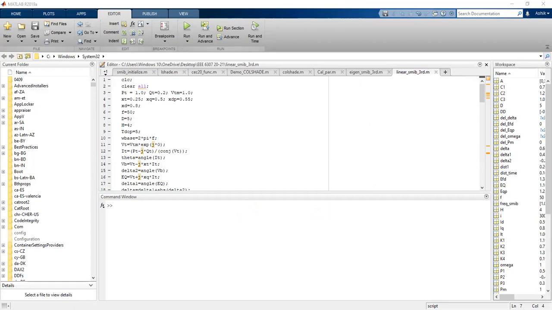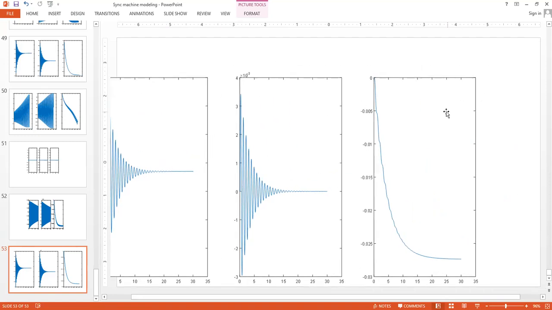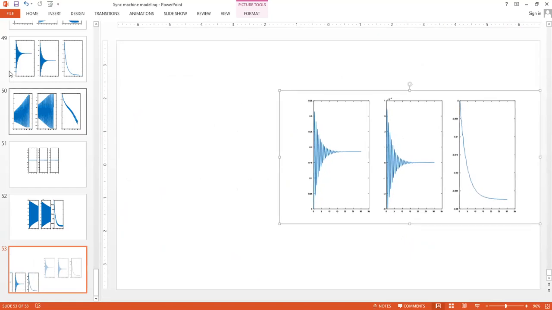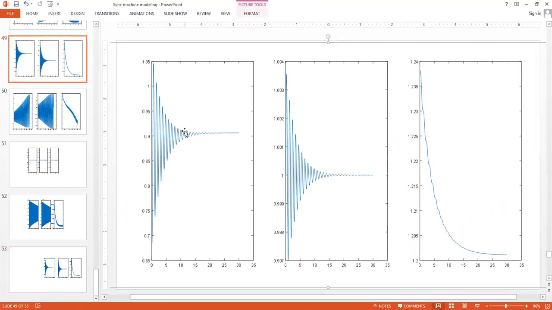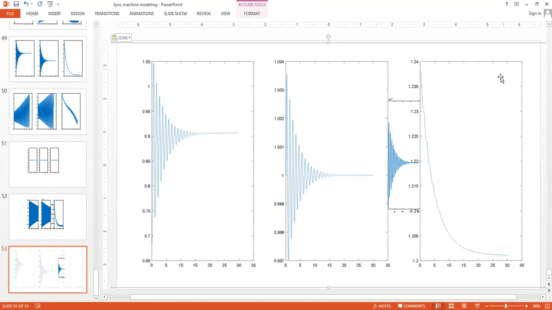Okay, that's good enough. So do you see the PPT file? Hopefully. Let's make it small enough so that we can accommodate them side by side.